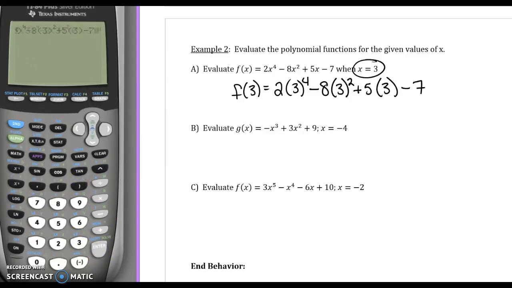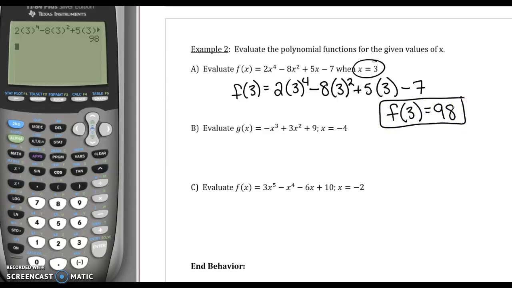If you entered this into your calculator correctly, you should get 98. Here's how I'd like you to write your answer. F of 3 equals 98. This tells whoever is looking at your math that you took the function f, you plugged 3 into it, and you got 98 as your answer.